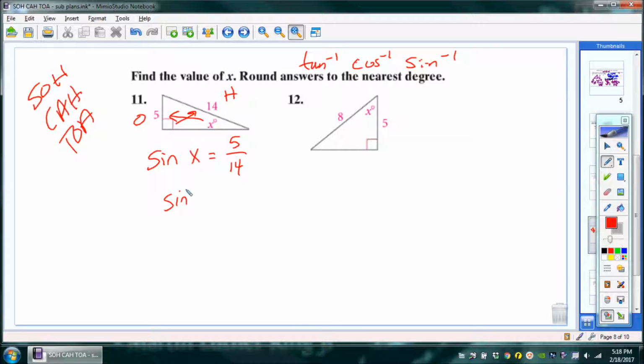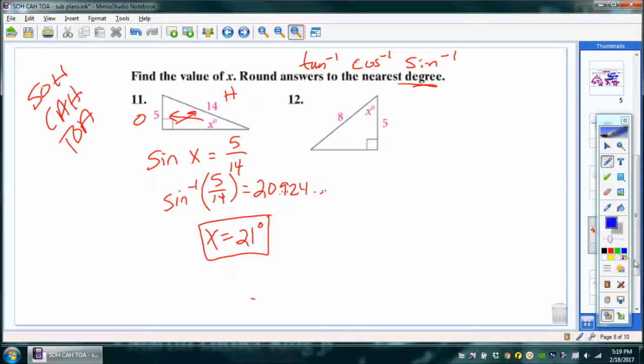So inverse sine button, 5 divided by 14 will give me my degree. Inverse sine, not sine, 5 divided by 14. So 20.924. It does say round to the nearest degree, so x is going to equal 21 degrees.